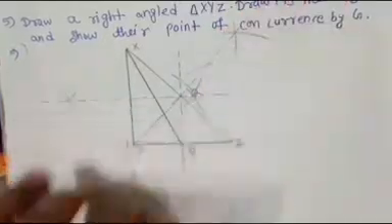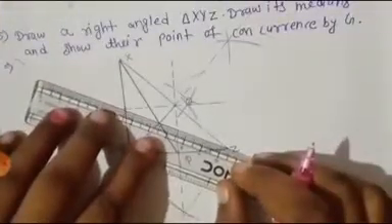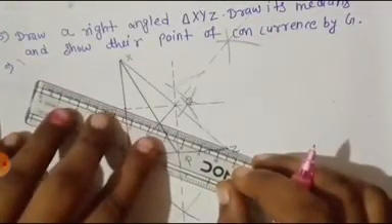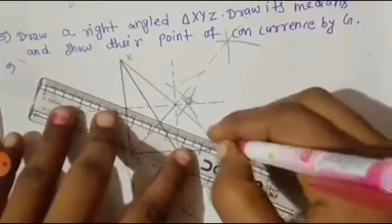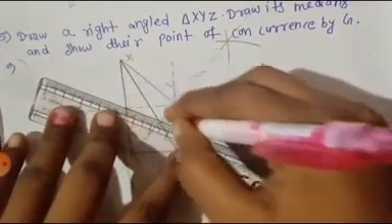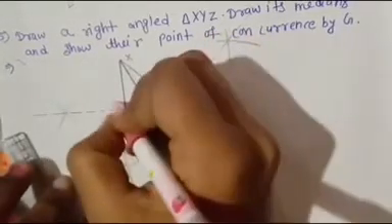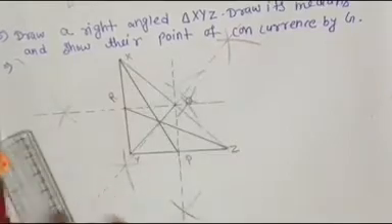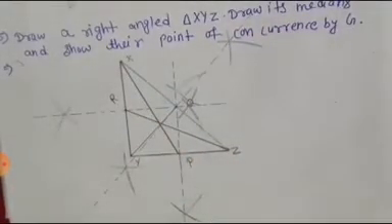Now here you will get one point. Give it the name R, and join RZ. This is the third median of our right angle triangle. Here our 5th question is completed. Now the point of concurrence is denoted by G, and the point of concurrence is called the centroid.